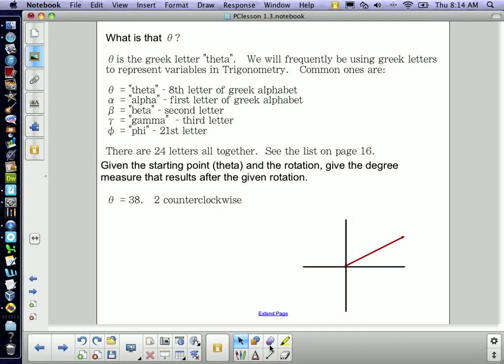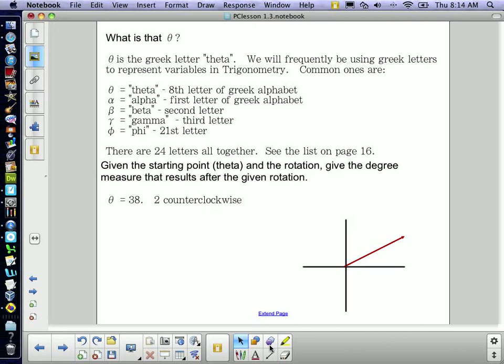So angles are often measured in terms of a variable theta. And what they're going to do is they're going to tell you, okay, here's the initial position of our angle, and then I want you to do this many rotations on it. What would the measure be under those circumstances? So here it says theta is 38 degrees, and you do 2 rotations counterclockwise.